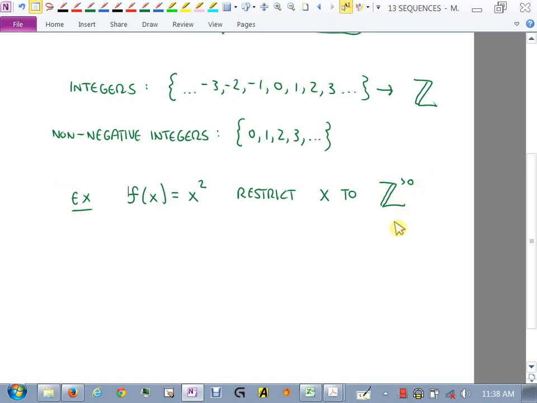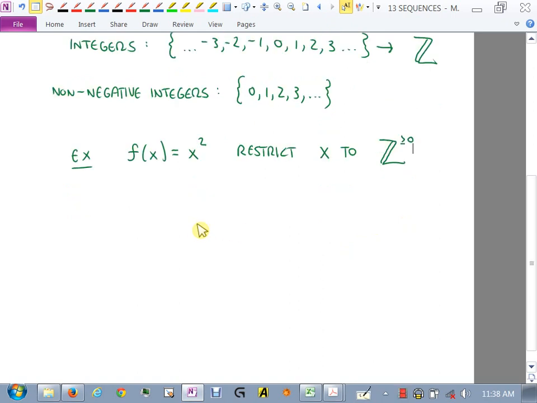I know that seems weird, but all the integers greater than or equal to 0, because I want 0. You could put Z with a minus up here. What do you think that would mean? All the negative integers. I'm not going to ask you this. I'm just getting us to think right now. This is not anything like what you'd be asked for on the test.